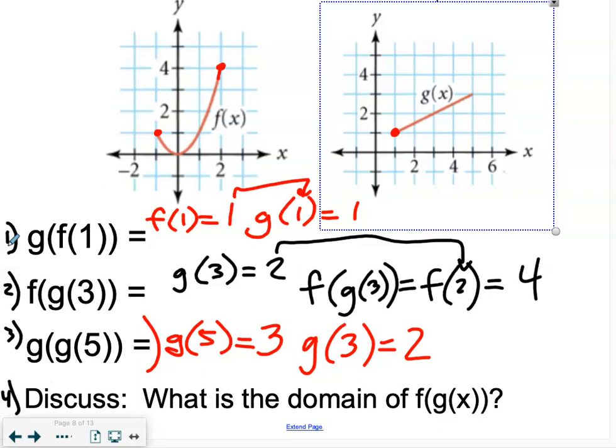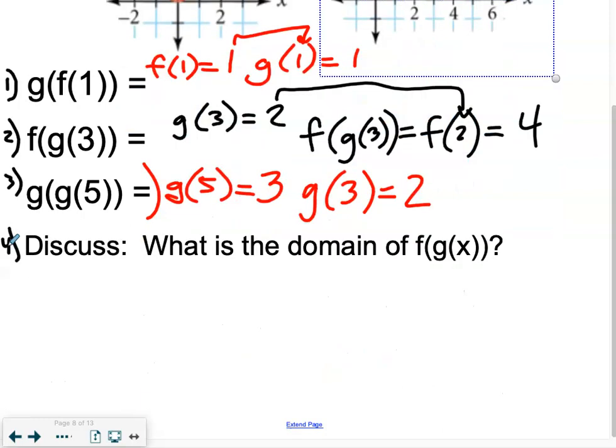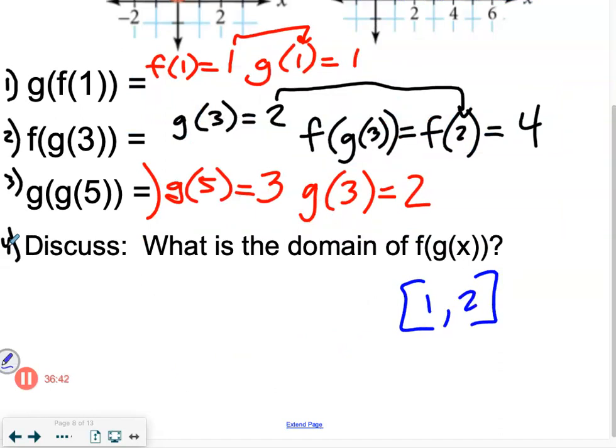F stops at 2, which means the final domain of this function, the values that overlap, are only from 1 to 2. It's kind of a complicated process, but the domain of f of g of x is 1 to 2. Why? Because, so I'm going to write this, domain of g.